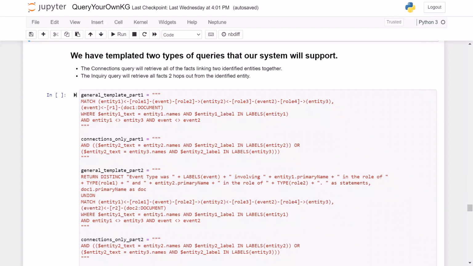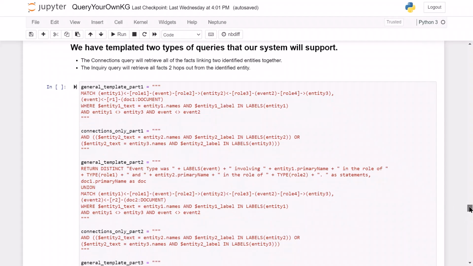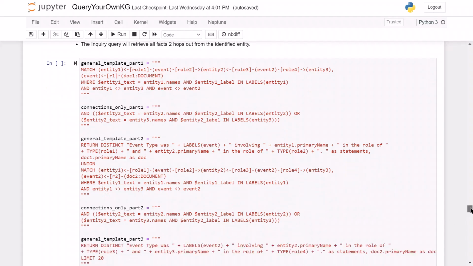So we're essentially doing a friend of a friend type query, or a two-hop query, something you might commonly see in recommendation engines. And if we do want to find the connections, then we're also going to substitute in these extra little parts that tell it to filter where the beginning and the end, sorry, the intermediate parts are those entities that we want, because we are looking for a specific path.